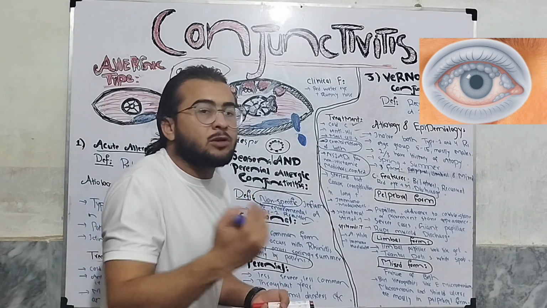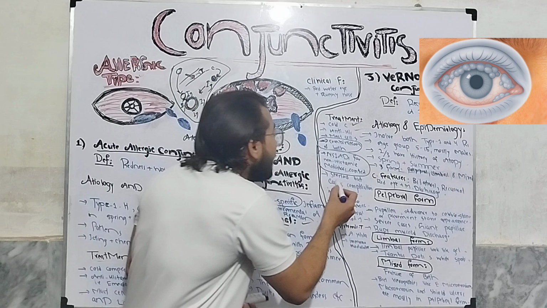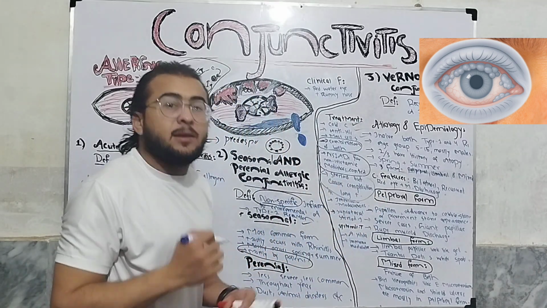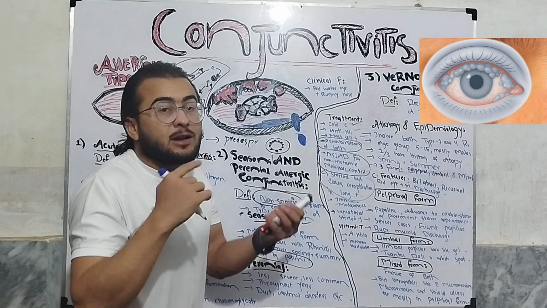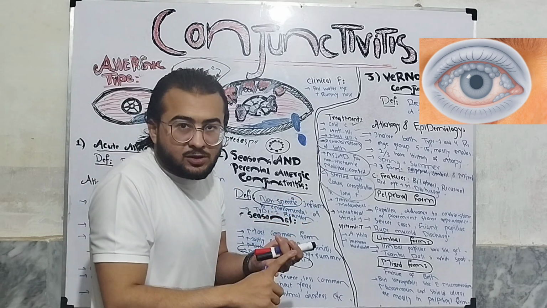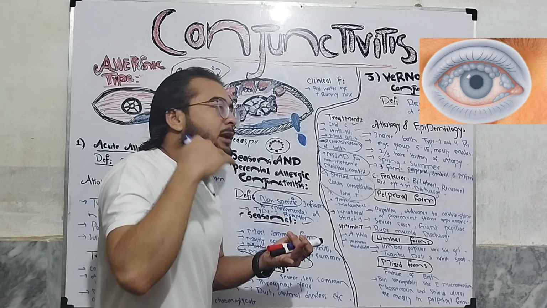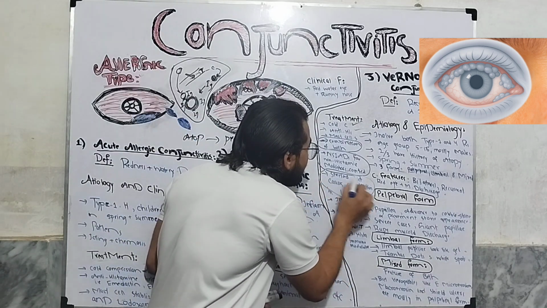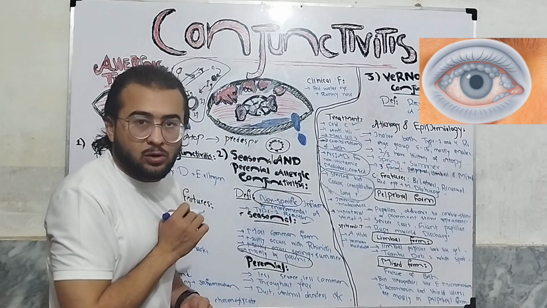We can use steroids, but steroids cannot be used in a long course. Why? Because we know that steroids cause complications like glaucoma and cataract. So when we use steroids for a long duration of time, it will cause complications. That's why we do not use steroids in a long course.